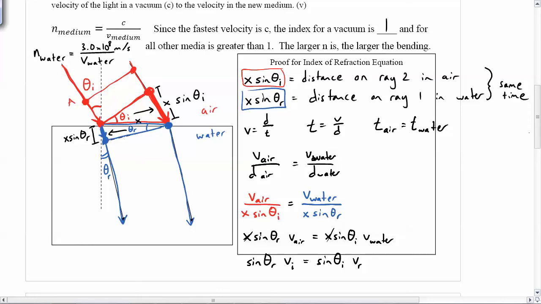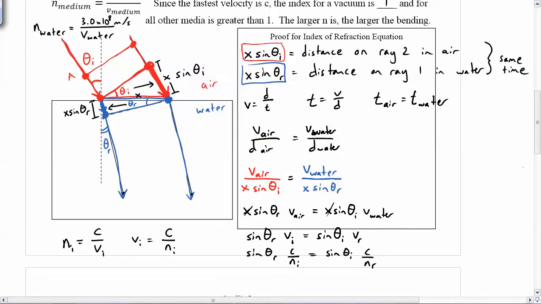Now from above, by the definition, n is c over v. So if I want to write this in terms of n, I could use v_i equals c over n_i. So instead of v_i, I could write c over n_i, and instead of v_r, I can write c over n_r.